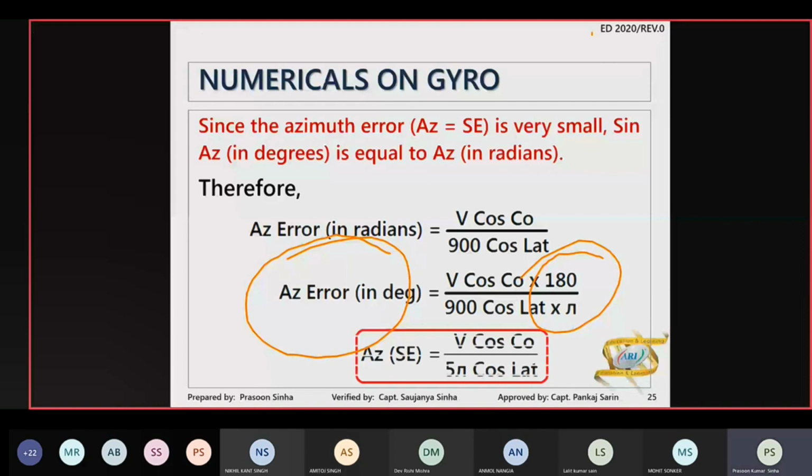Azimuth error or steaming error in degrees equal to V cos course by 5 pi cos lat. Take a look, work with yourself, talk to yourself, and satisfy yourself. Yes, it is okay. Or if not, please do talk to me again.